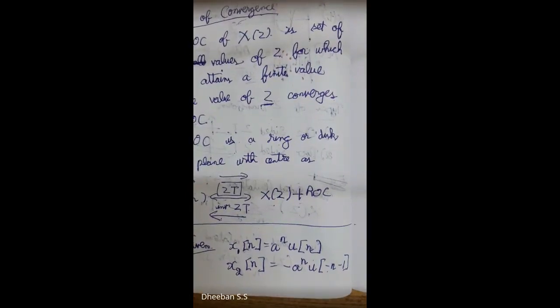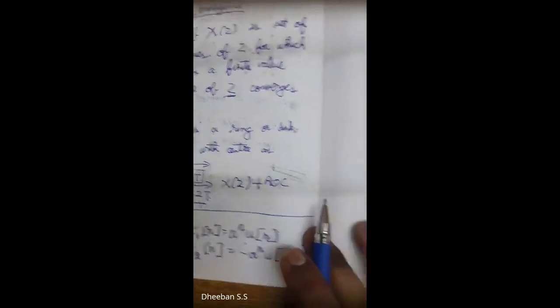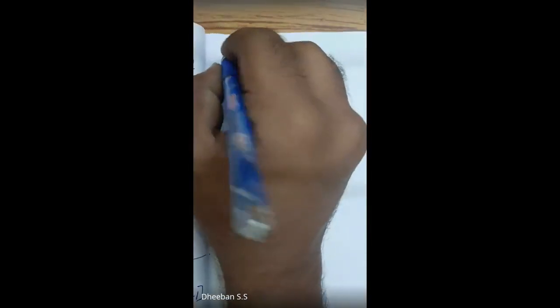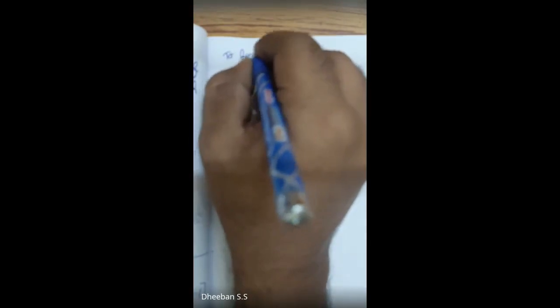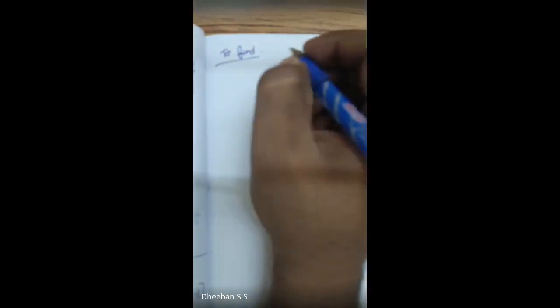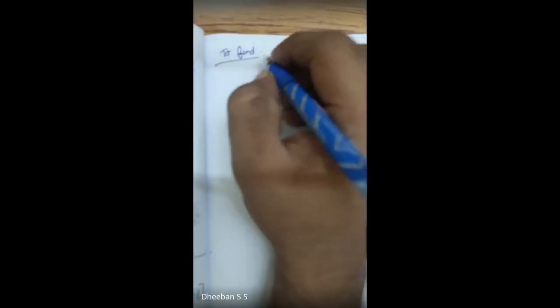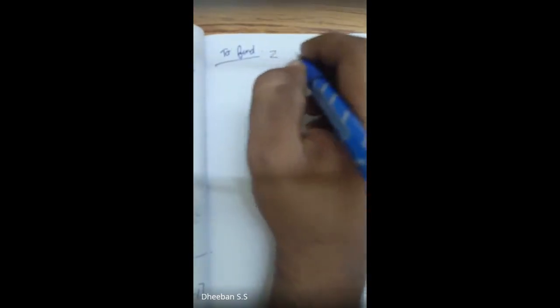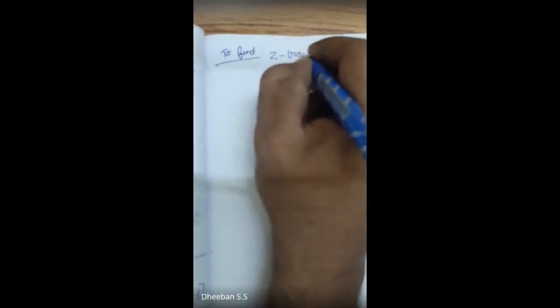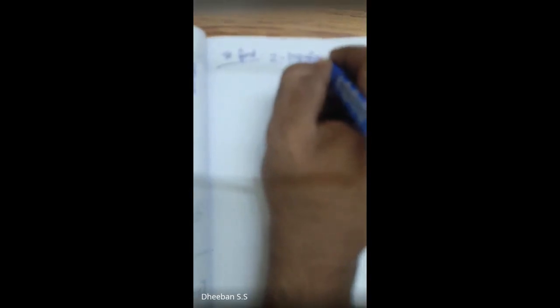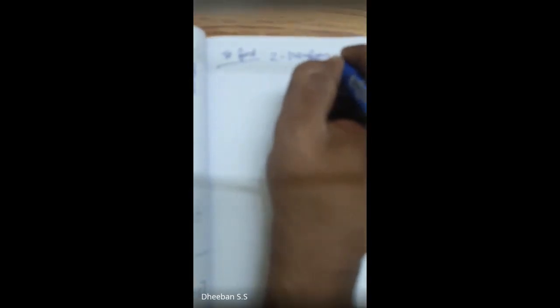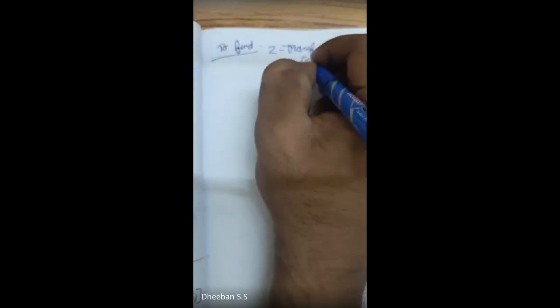Next, we'll go to find the Z transform. If they ask to find the Z transform, you always have to find it with your ROC.